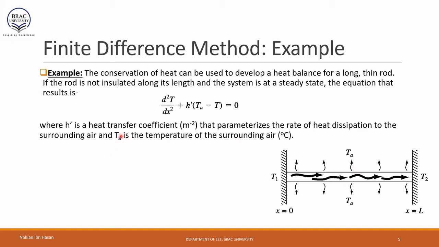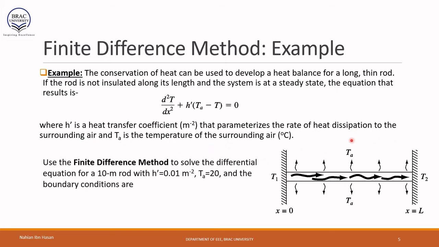So Ta means the temperature dissipation in the air. That means I am assuming that around this thin rod the medium is air, the environment is air. That's why we are using the notation Ta. Its unit is in degrees centigrade.